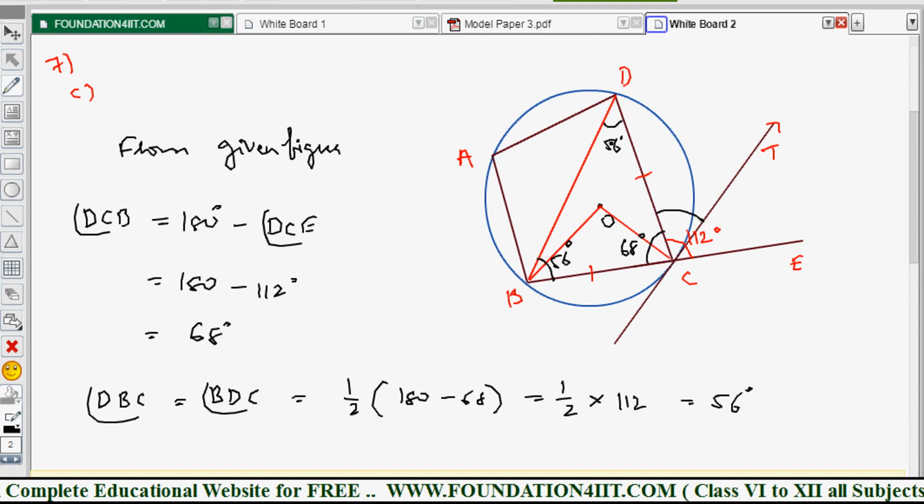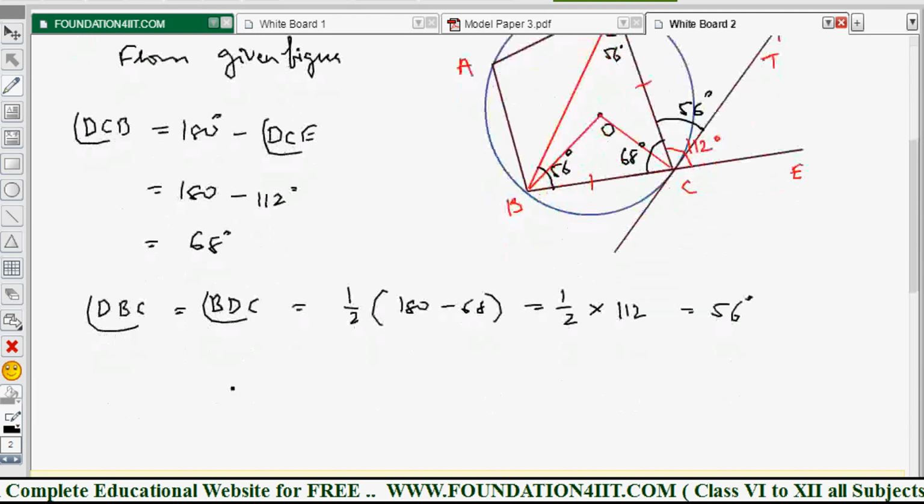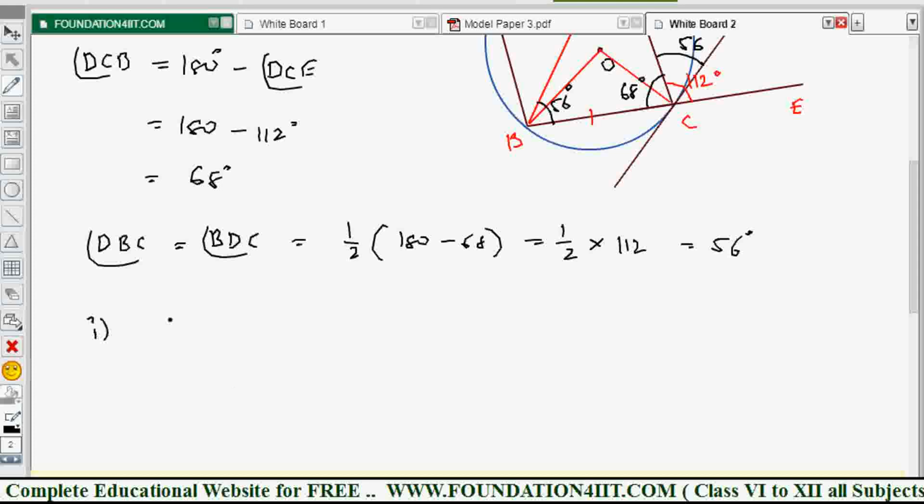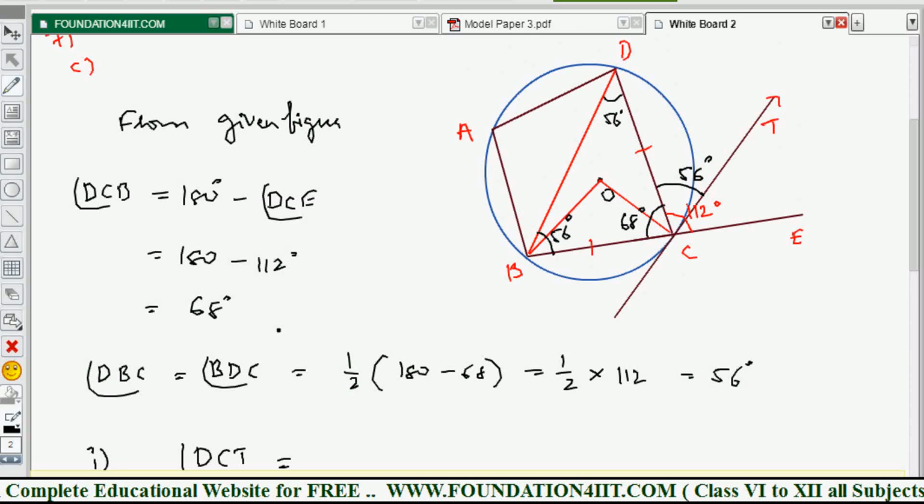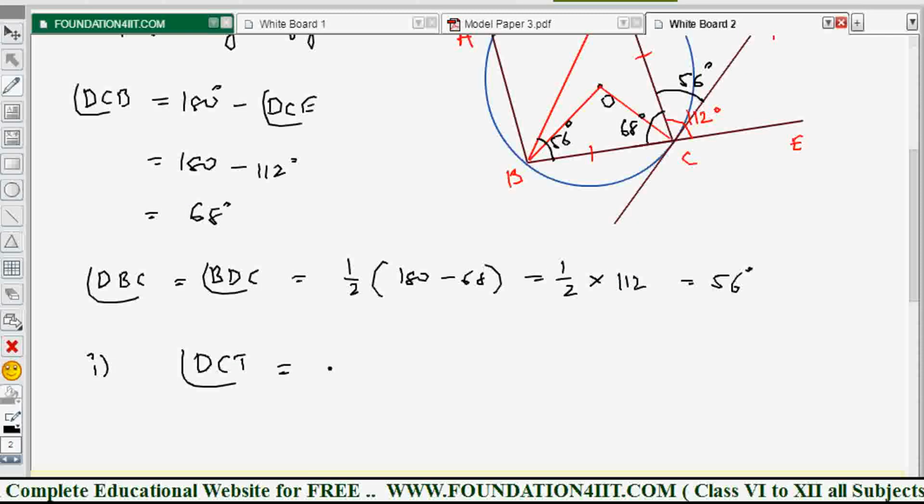So if DBC is 56 degrees, this also must be 56 degrees, using angles in alternate segments. So first one, angle DCT is nothing but angle DBC, which is already 56 degrees.